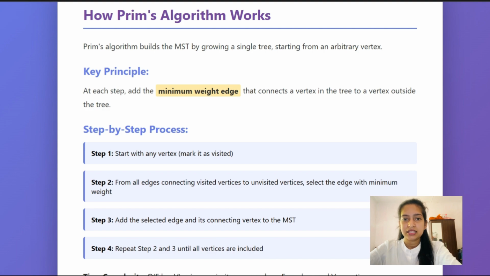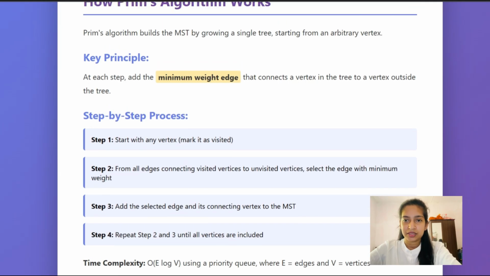Third step is add that selected edge and its connecting vertex to your MST. Next step is repeat the second and third steps until all vertices are included in your tree.